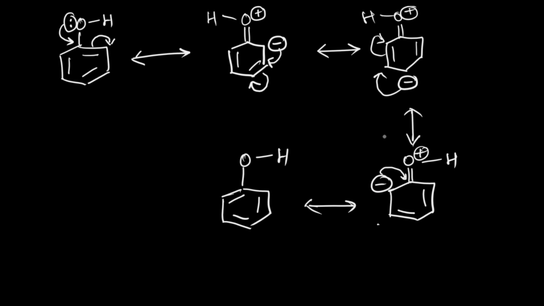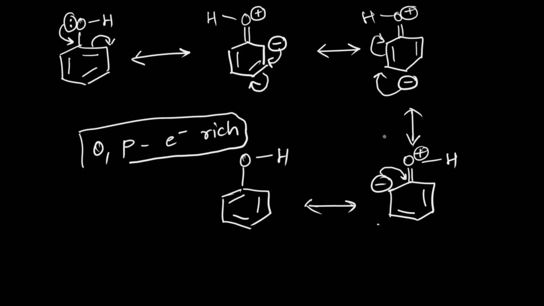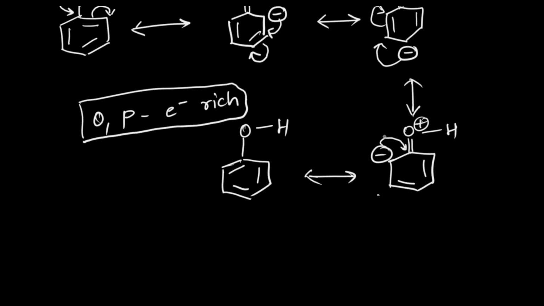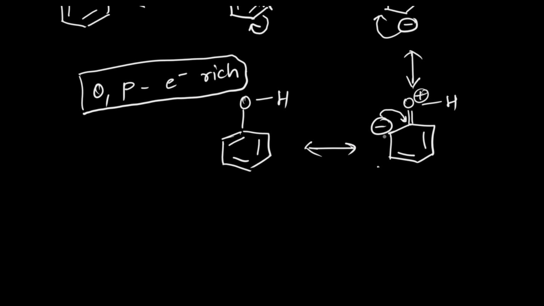So here you can see ortho and para positions are electron rich. So you can say if an electron releasing group is present over there, ortho and para positions become electron rich, which triggers the electrophile to come and attack over there.